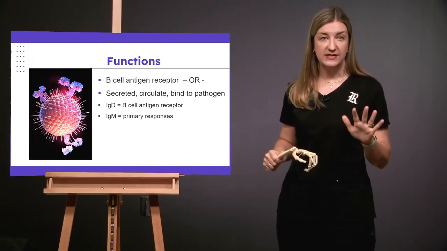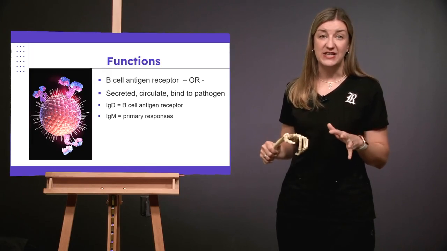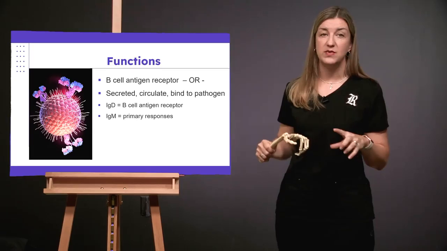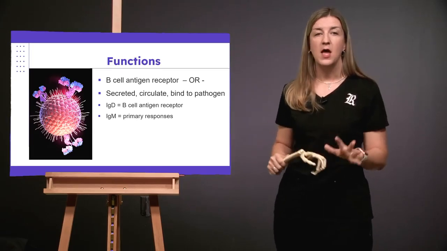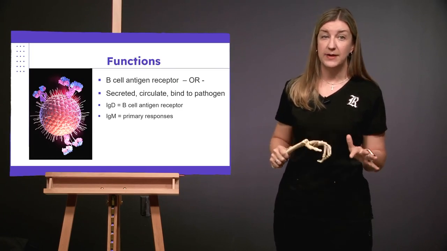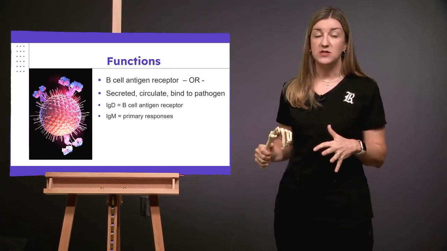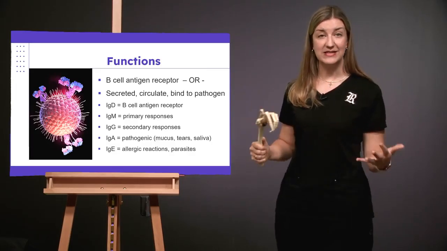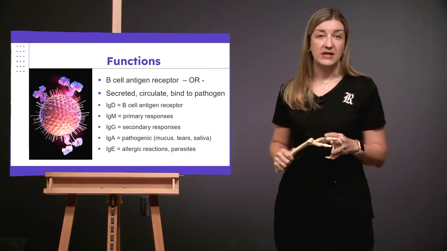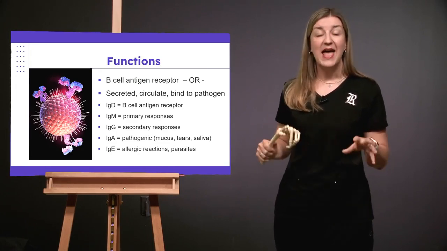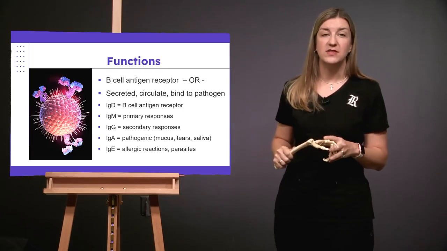Of the 5 classes of antibodies, only IgD and IgM can serve in the first capacity and can act as the antigen receptor for naive B cells. Okay, so IgD antibodies serve as B cell antigen receptors. IgM antibodies are responsible for primary responses, while IgG follows with secondary responses. IgA antibodies are secreted in mucus, tears, and saliva to kill pathogens, and IgE antibodies are involved in allergic reactions and parasitic infections.